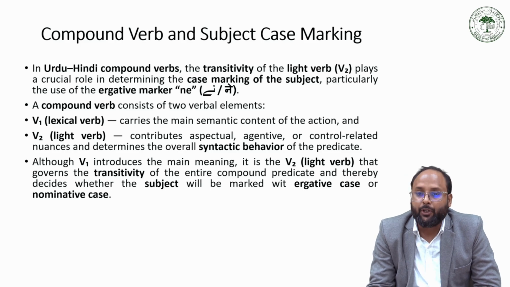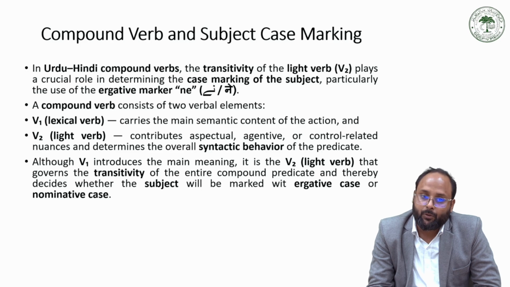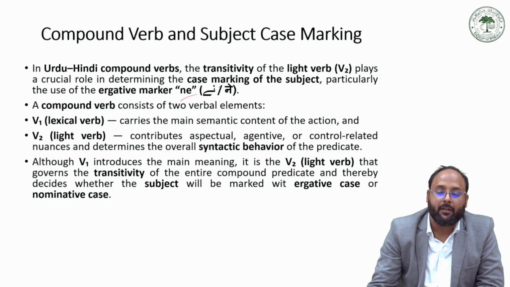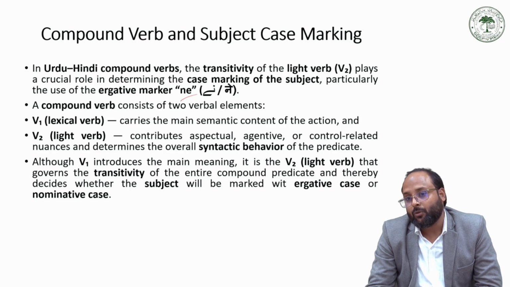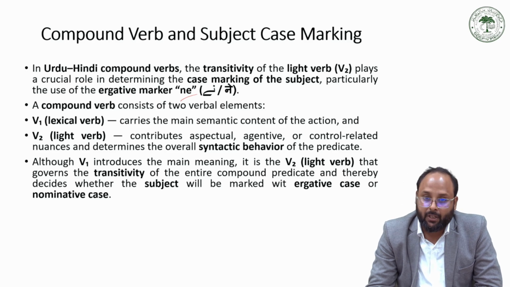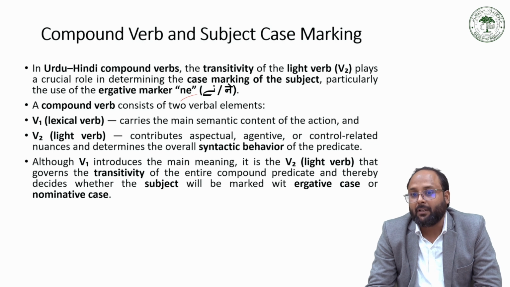So when the V2 is a transitive verb, the subject can take the ergative ne marker. Like उसने खाना खा लिया, उसने खत भेज दिया. So this kind of diya, liya is transitive.